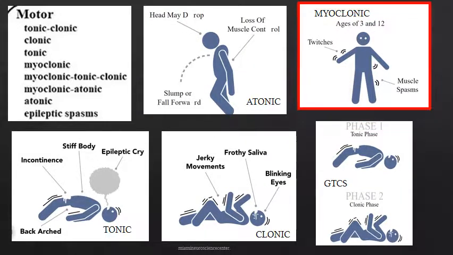Next, you have a myoclonic presentation. Myoclonic muscle spasms of the limbs or trunk or head can occur as violent jerking movements or even twitches.